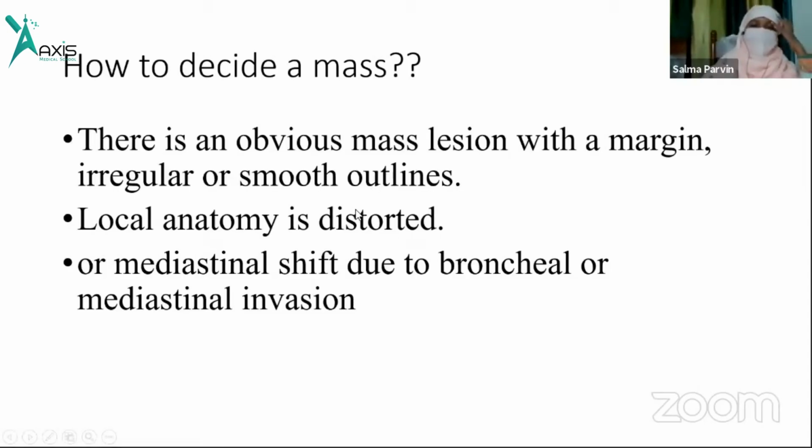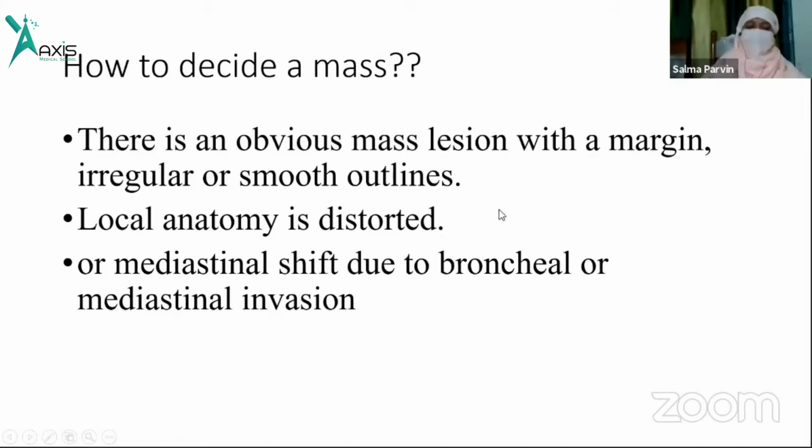So the job is, you have got an obvious isolated mass in the lung, and the outlines are also to be decided, because yes, smooth outlines do not rule out the presence of a mitotic lesion. As well, an irregular outline justifies the obvious presence of an underlying mitotic lesion.